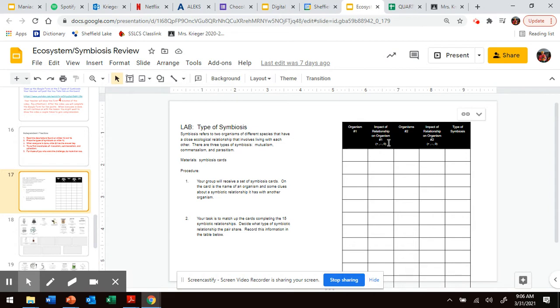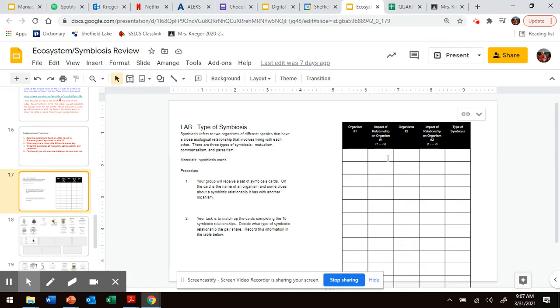Or am I going to put a zero there, meaning one organism did not benefit, but one gained something, which is commensalism? So you're going to put all your answers on slide 17: the organisms, and what type of relationship they had. Was it positive, negative, or a zero, meaning that would be commensalism?